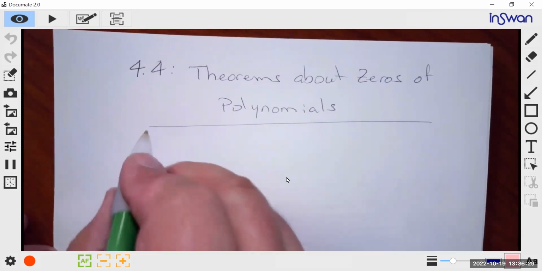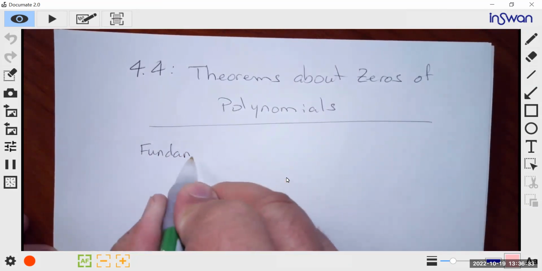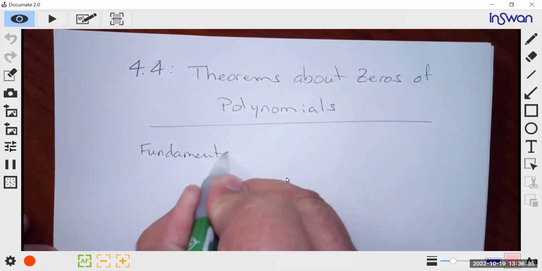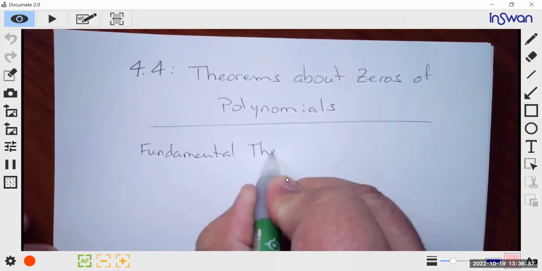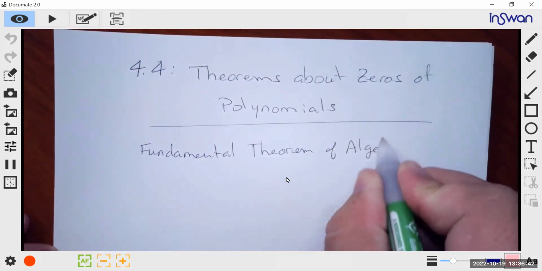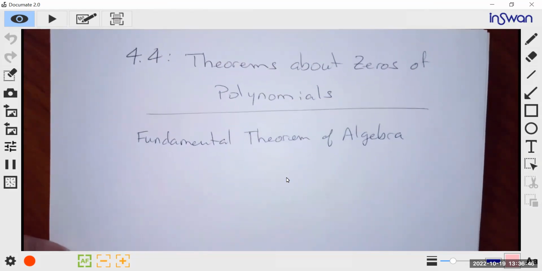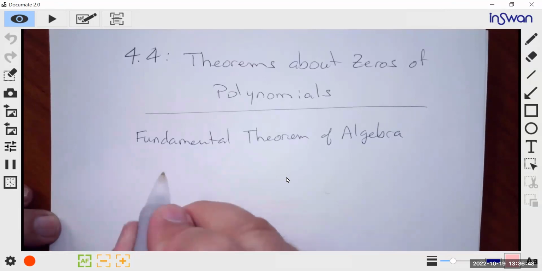First, we have to look at the fundamental theorem of algebra. It says this.